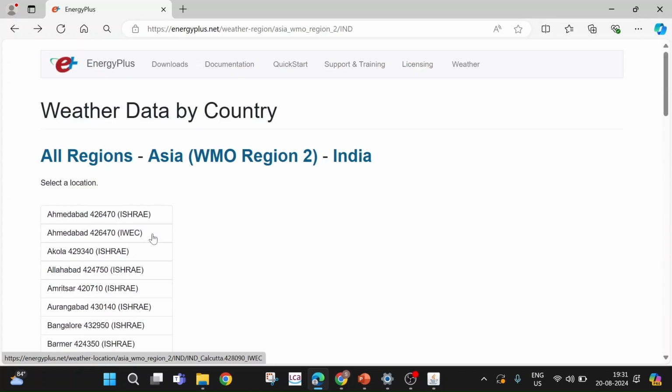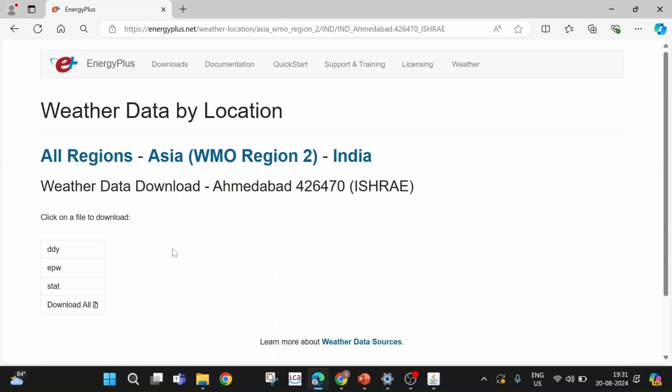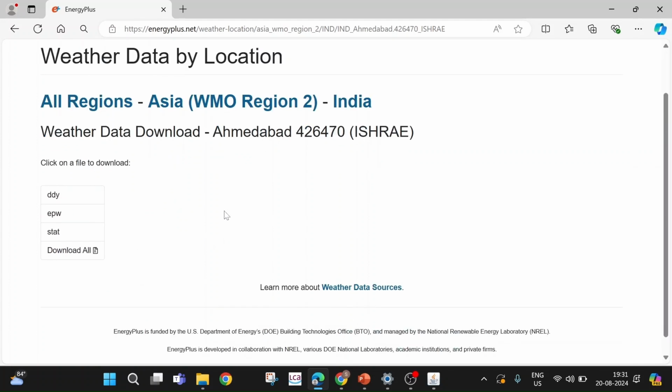So the screen is visible. Yes, sir. So let me click on Ahmedabad. When I am clicking on Ahmedabad, for the particular Ahmedabad weather station, this is the weather station number. For this weather station, there are EPW files, STAT files, DDY files. So you only need the EPW file.